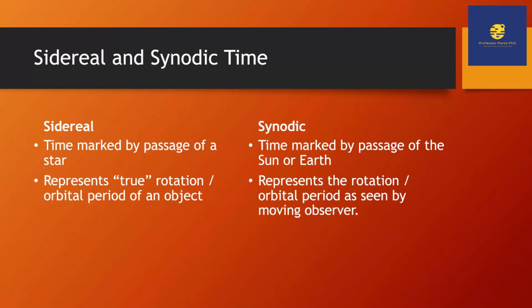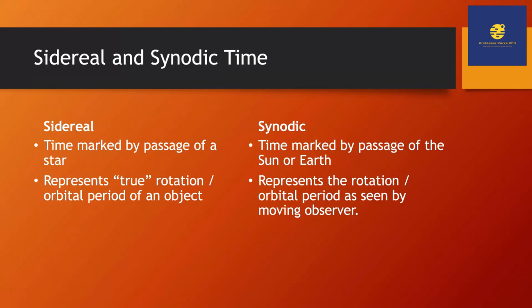Now let's talk about the difference between sidereal and synodic times. So sidereal time is time that is marked or referenced to a fixed star. So we make the assumption or approximation that the stars on the celestial sphere are fixed in position, meaning that given the amount of time that we are observing something, the position of that star does not change appreciably in that time.